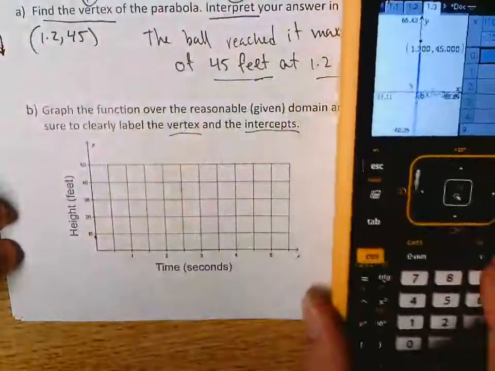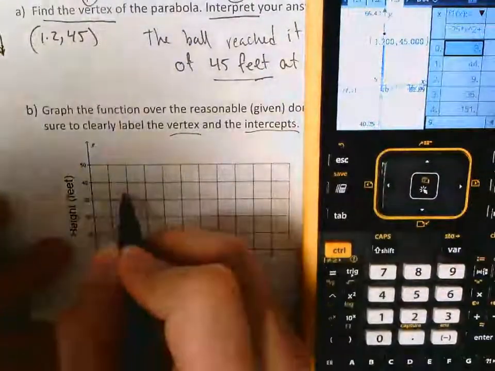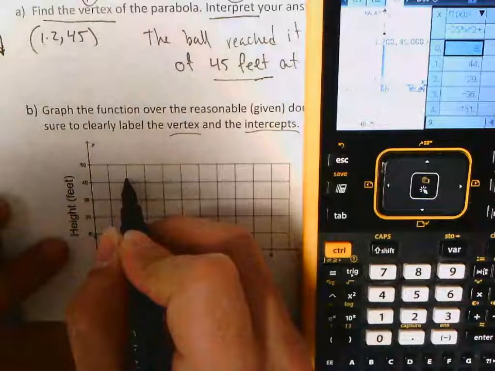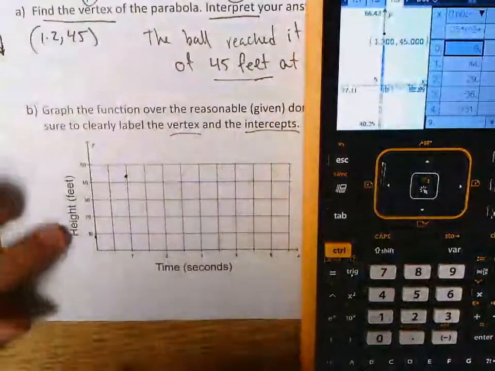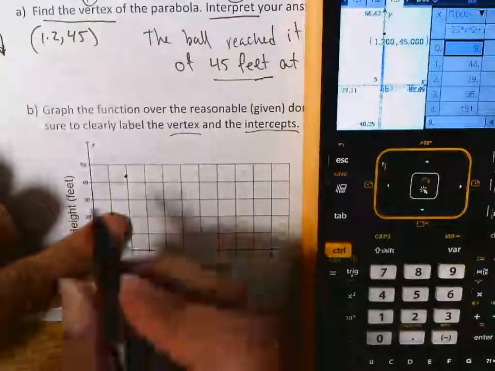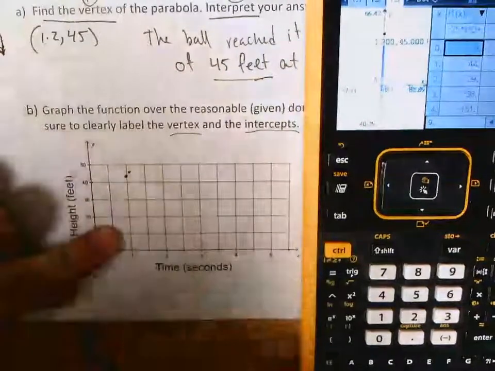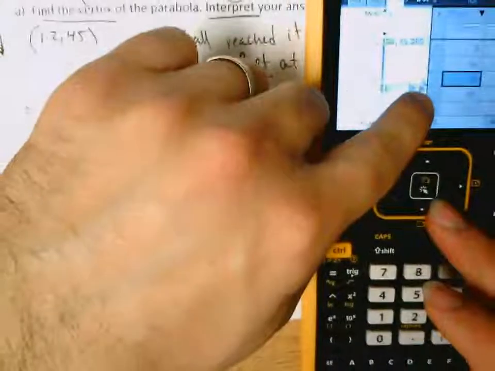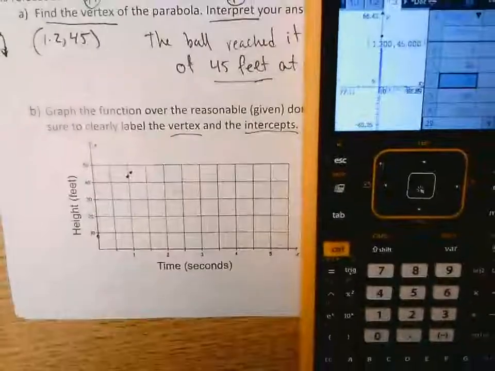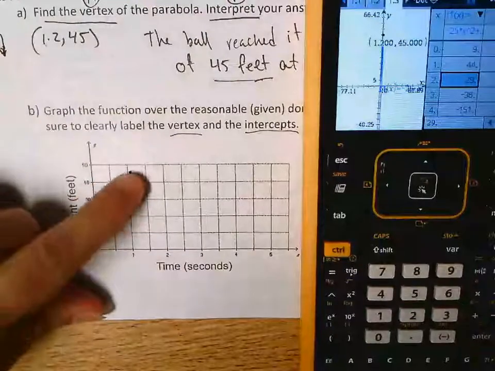Let me put this on the side. 0 goes to 9, 1 goes to 44. That's maybe over here. The vertex is 1.2 comma 45, so it's just a little bit up. 1.2 comma 45, and I know somewhere between 2 and 3 I'm going to have my x-intercept.